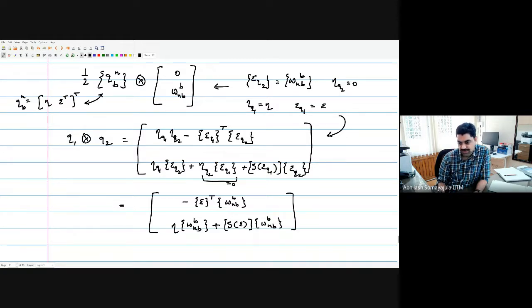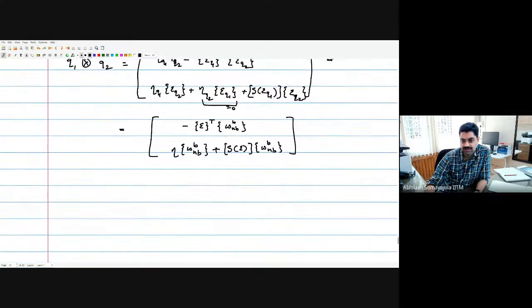Now I want to express this as some matrix times omega_NB. So I know what to do: minus epsilon transpose, and eta times the identity matrix plus the skew symmetric matrix due to epsilon.